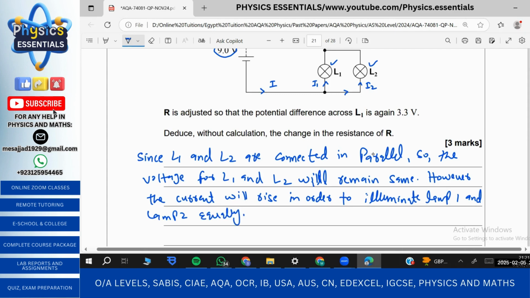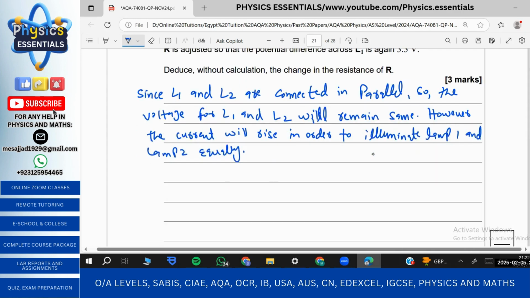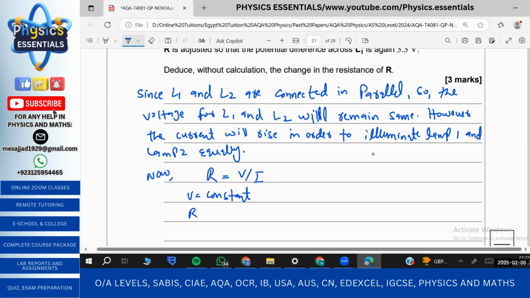Okay. Now, we know that R equals V over I. So we are saying, of course, V is kept constant, it's not changing. So in order to illuminate lamp 1 and lamp 2 more, we will say R total for lamp 1 and lamp 2 is reduced because they're connected in parallel, okay?